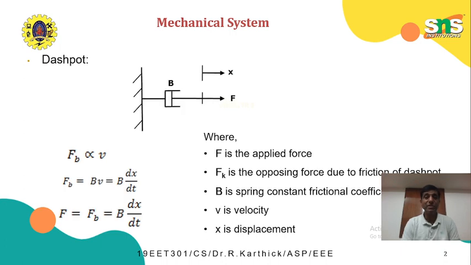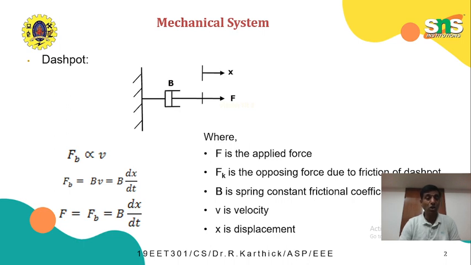And the final element is the dashpot, which is again nothing but a piston moving inside a cylinder, and B is the viscous coefficient. When force F is applied, this piston moves by a displacement x. Again the opposing force due to the dashpot is directly proportional to the velocity V. When you equate it, we get B, a constant which is called the frictional coefficient.